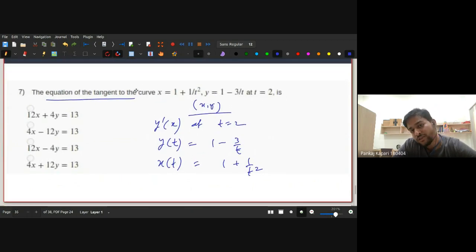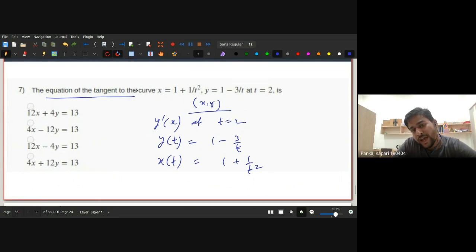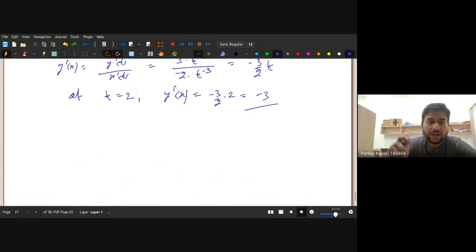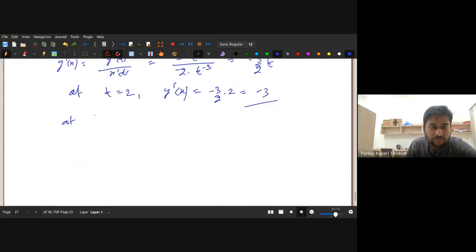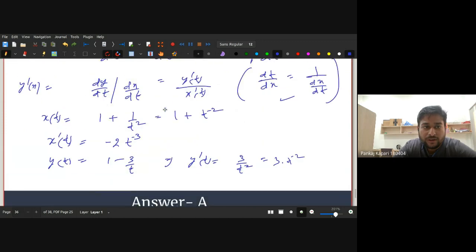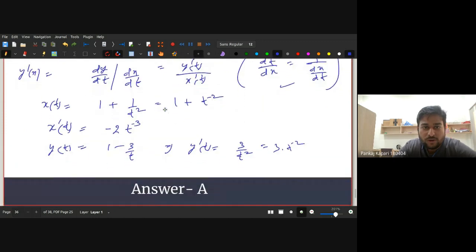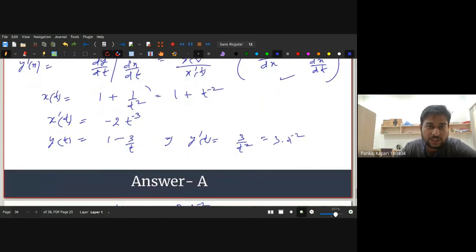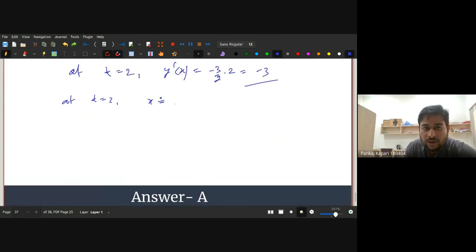For that, you just put t equal to 2 in the equations of x and y to get the point. So at t equal to 2, what is x? Because this is our x, 1 plus 1 over t square, at t equal to 2 this is 1 plus 1 over 4, which is 5 by 4.